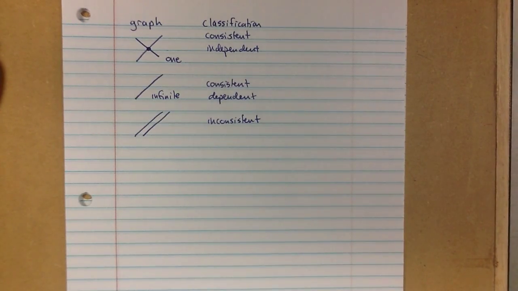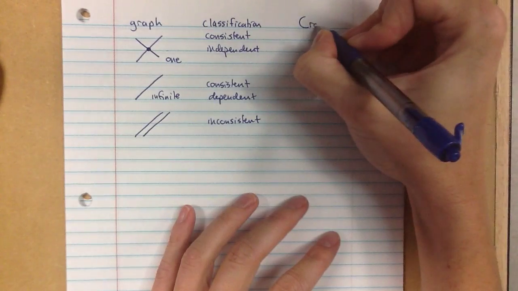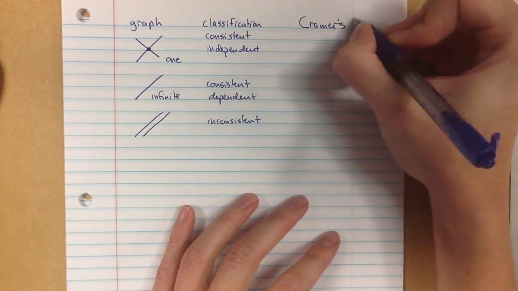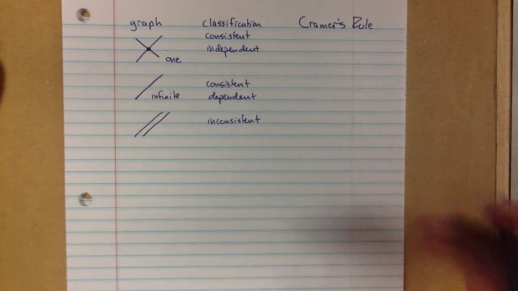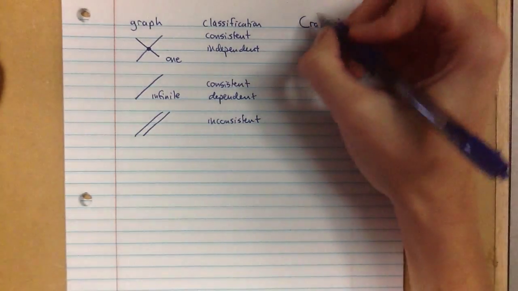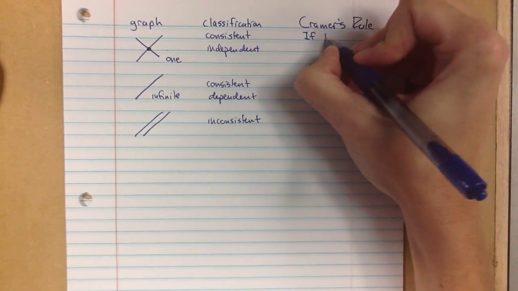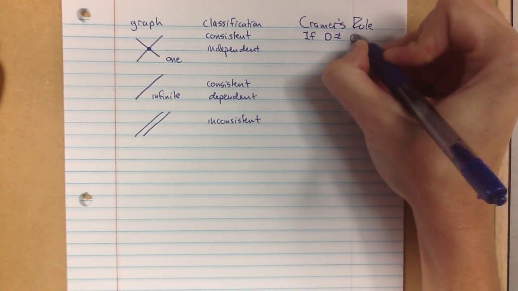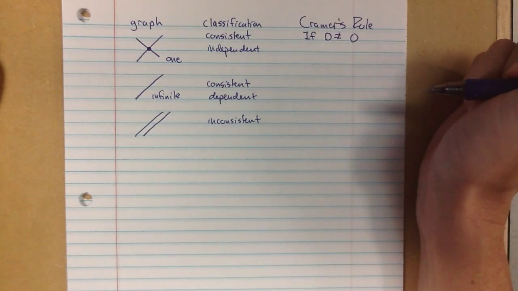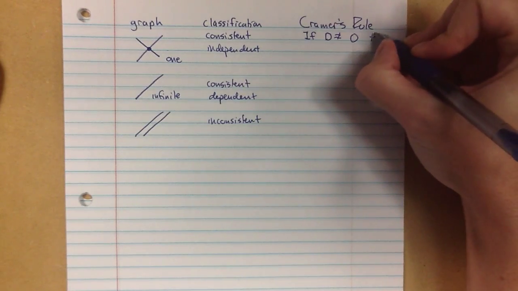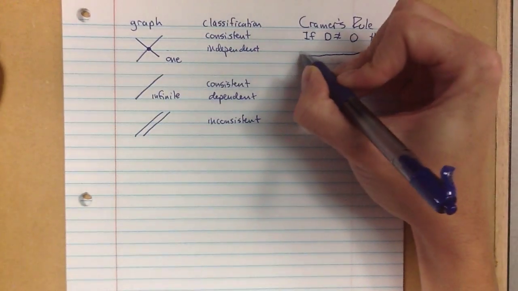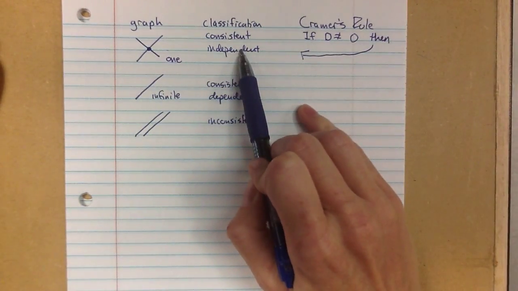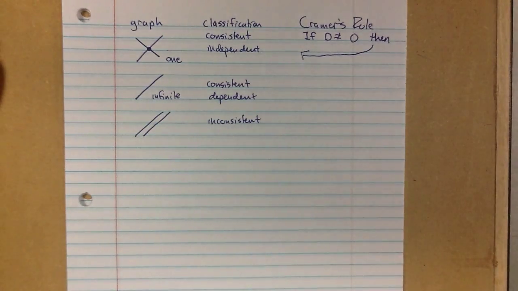So here's how this works with Cramer's rule. If D does not equal 0, D means the determinant, then this. It's consistent independent, and it's got one solution.